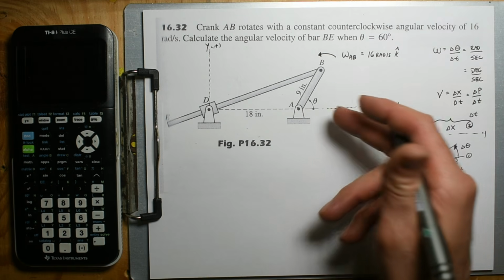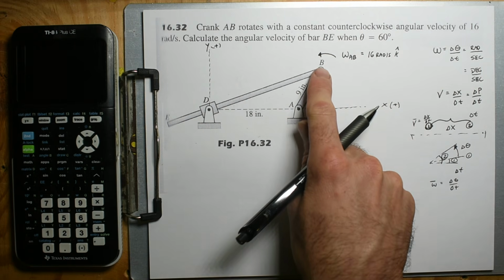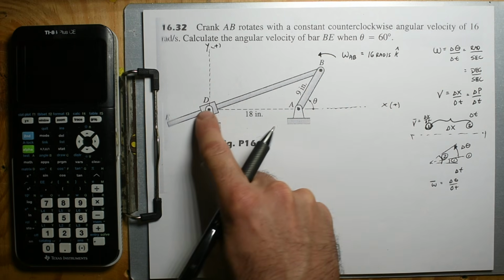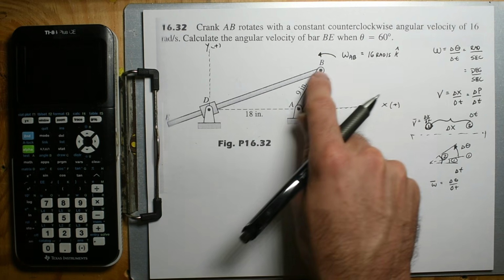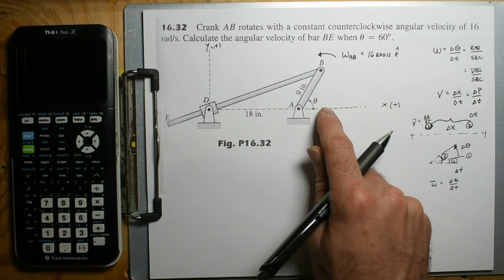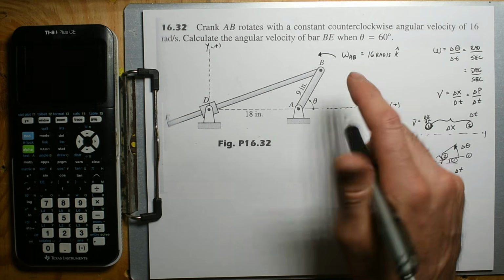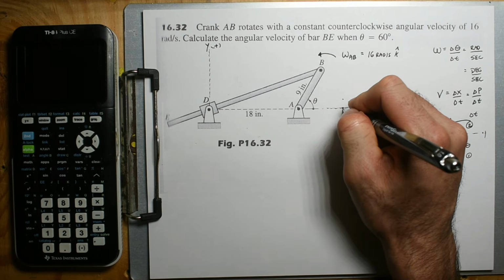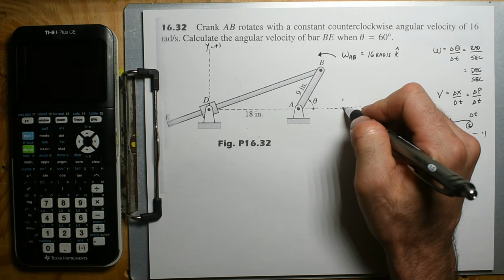Now, due to geometry, I can just see that this bar isn't moving at a constant speed. Because just the way a circle works, over here, if I move B from there to there, this bar doesn't move at all in this direction, hardly at all.